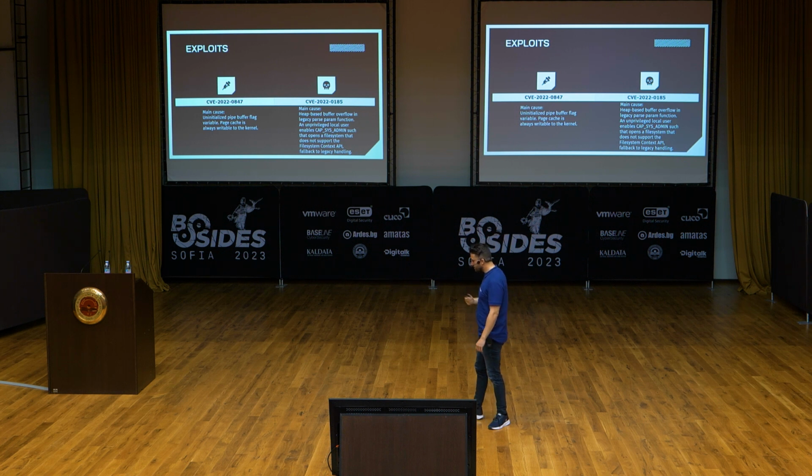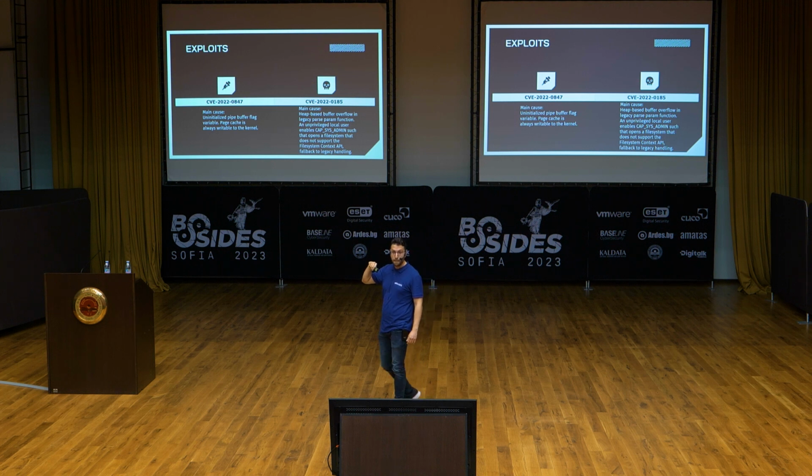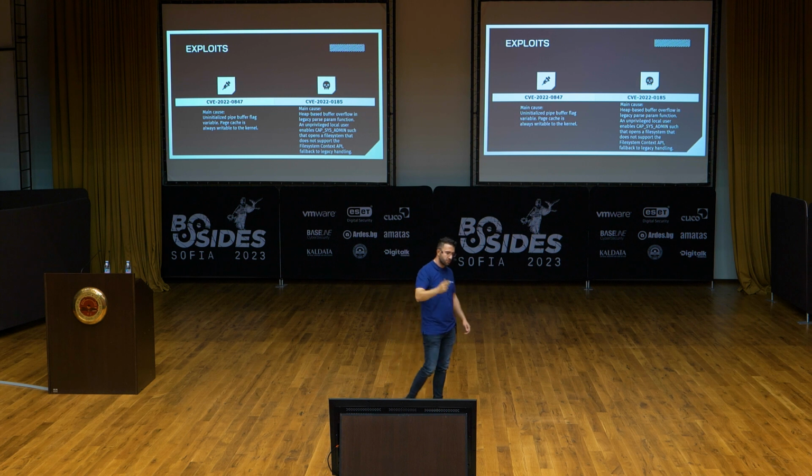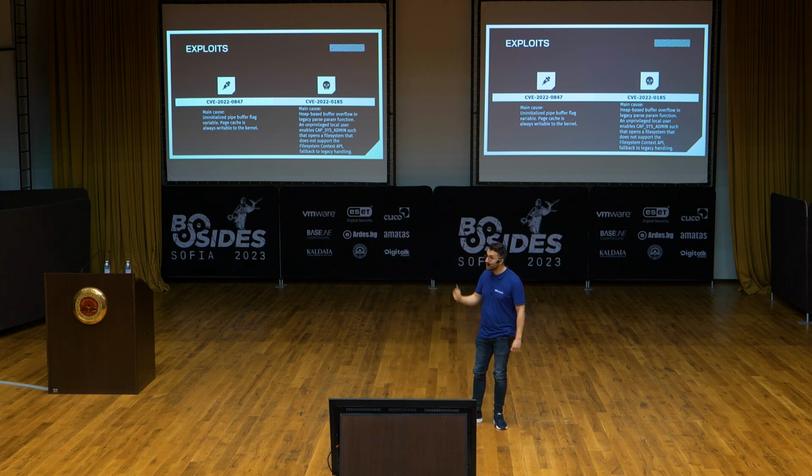So this came actually from a ticket. The exploit is called Dirty Pipe. You have probably seen it in the previous presentation. In one of those presentations, it was called Dirty COW. So basically, that's the successor of that exploit.